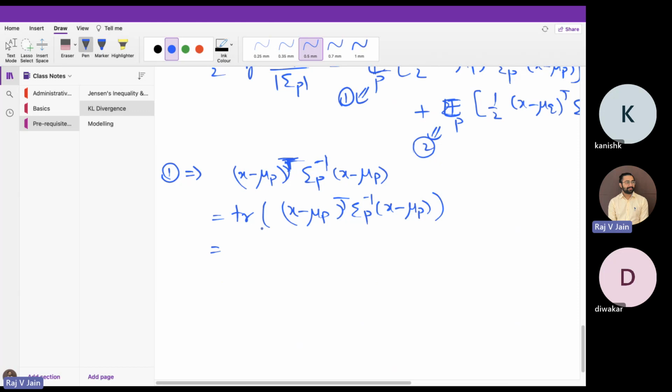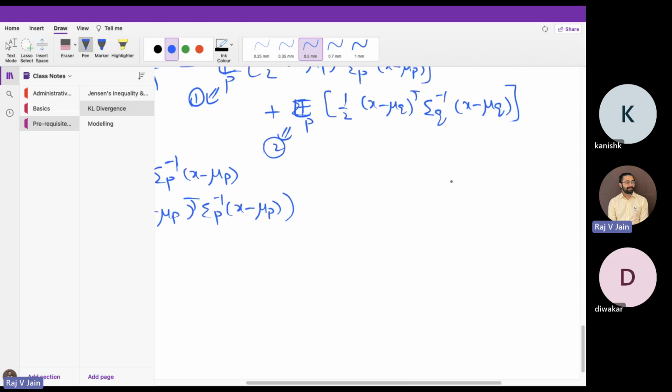Now we know in trace there's a property of the matrices that if trace of ABC, I can write it as trace of BCA, or trace of, let's say, CAB. So these are rotation invariant.